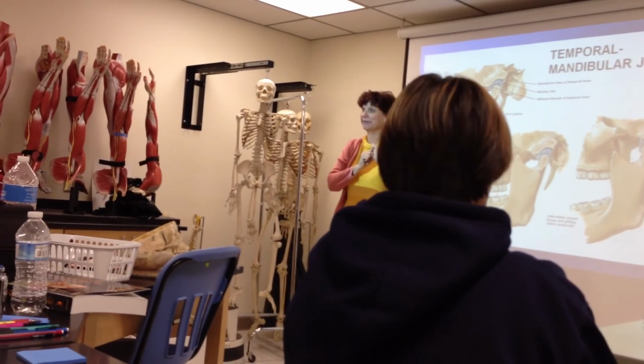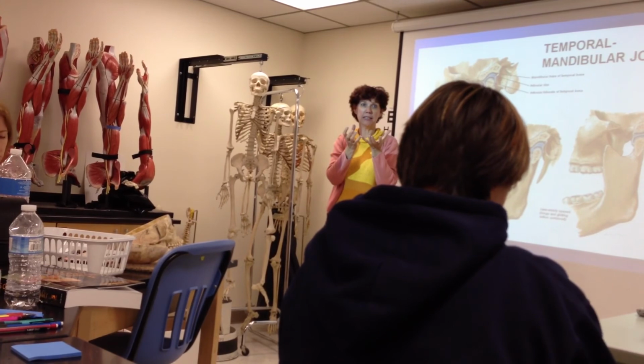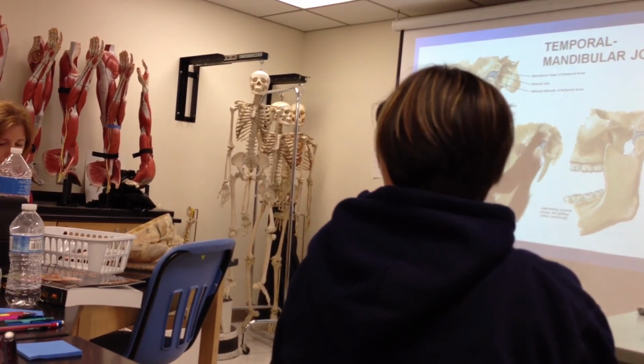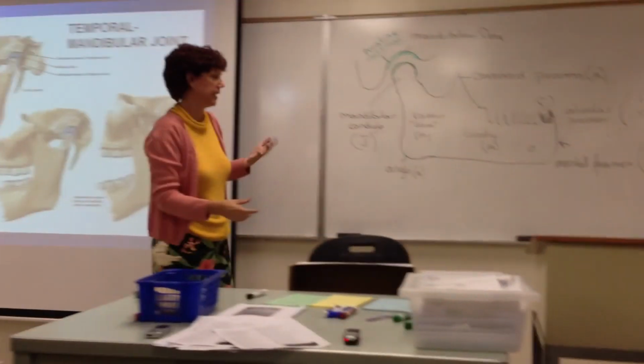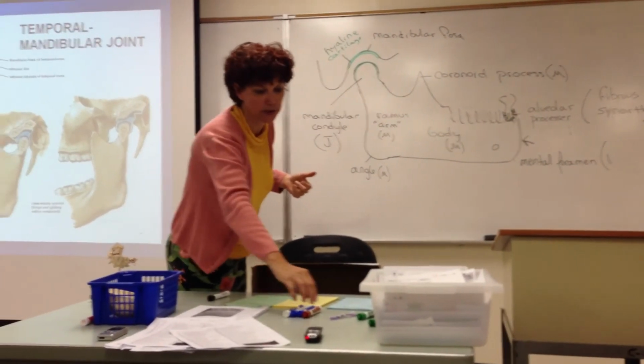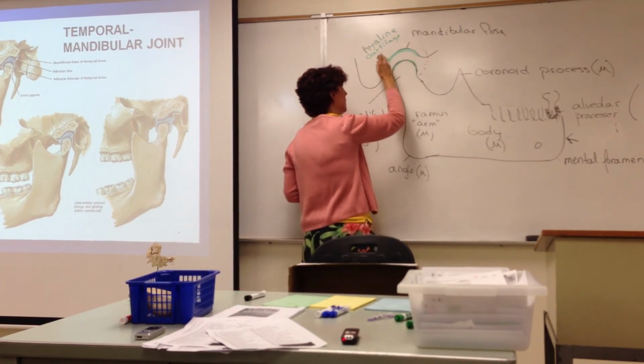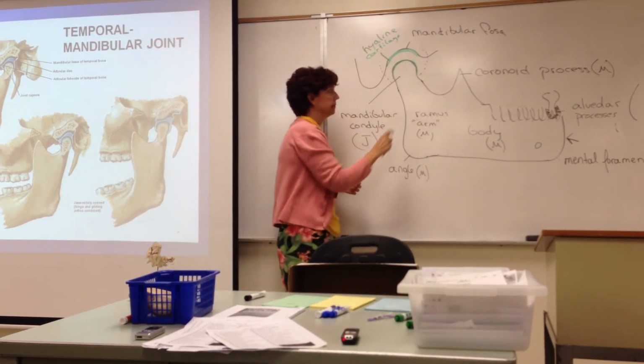It's a synovial joint. Remember the synovial membrane from Betsy's lecture? So in this case, we have a synovial membrane, loose irregular connective tissue that is going to close in that joint, okay?